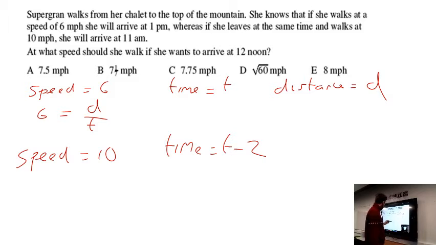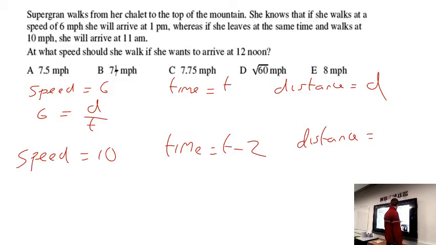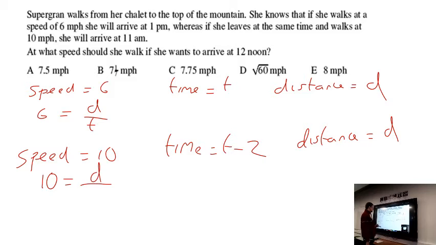And the distance is going to be the same, so distance is equal to d. Let's create an equation here. So we have speed, which is 10, is equal to distance divided by time, which is t minus 2.